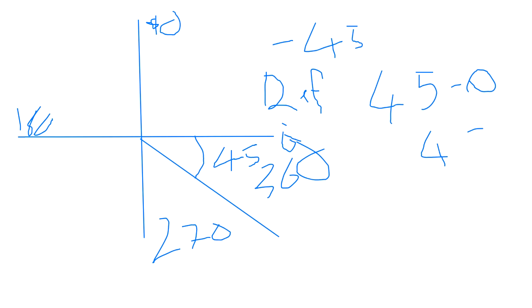So the negative sign simply tells us the direction the angle is going to go, whether in the clockwise or the anticlockwise direction. So let's pick an example like 5 pi over 4.